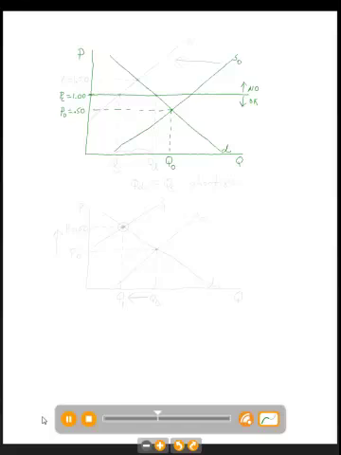But then what happened in early 1974 was that some of the oil-producing countries imposed an oil embargo on the West. Now, essentially, oil is an input to the production of gasoline. And so the supply curve for gasoline would shift back to the left, or there would be a decrease in the supply of gasoline.